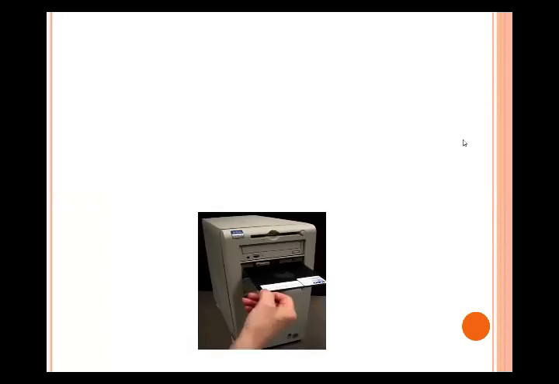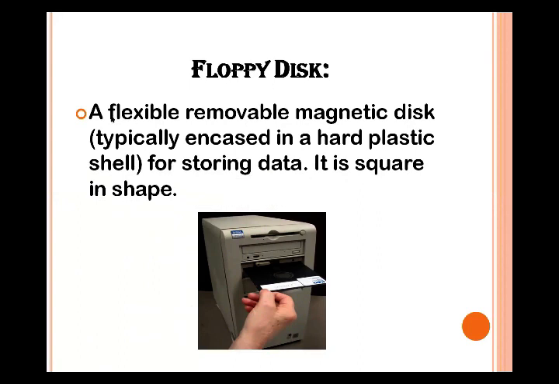Now, what is this? This is a floppy disk, and it is a flexible, removable magnetic disk. Removable means we can take it out from the CPU. A hard disk is fixed inside the CPU, but a floppy disk we can take out.